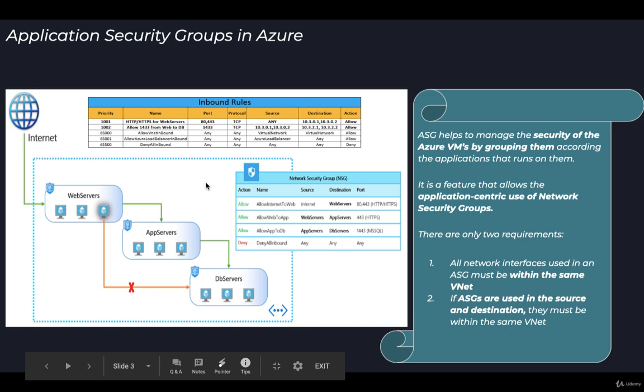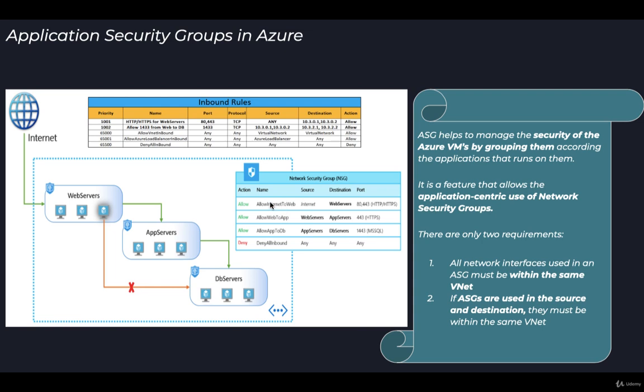This is how you can easily group the resources according to the application which runs on them and directly mention that particular group. Whenever there is a change in the future, say to a web server, it is dynamically updated. You need not update the rules manually.